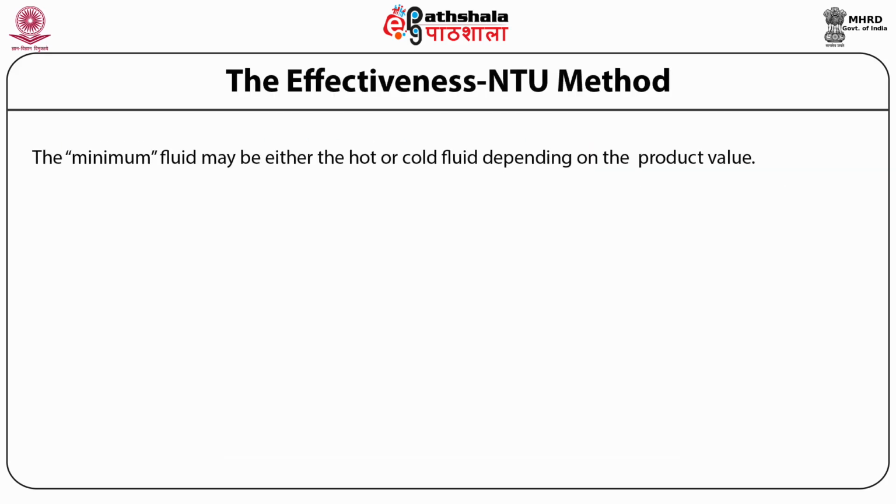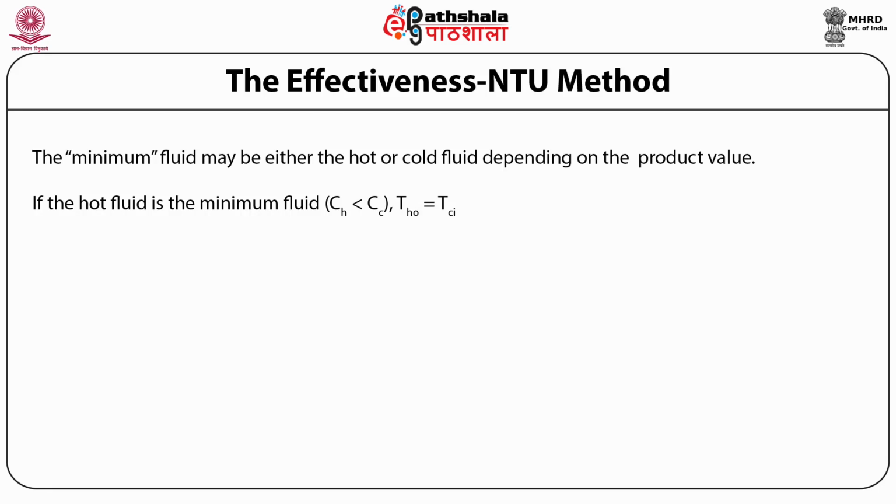So the minimum fluid may be either the hot fluid or cold fluid depending on the product value. If the hot fluid is the minimum fluid, it is represented as Ch is lesser than Cc, that is the outlet temperature of the hot fluid is equal to the inlet temperature of the cold fluid.